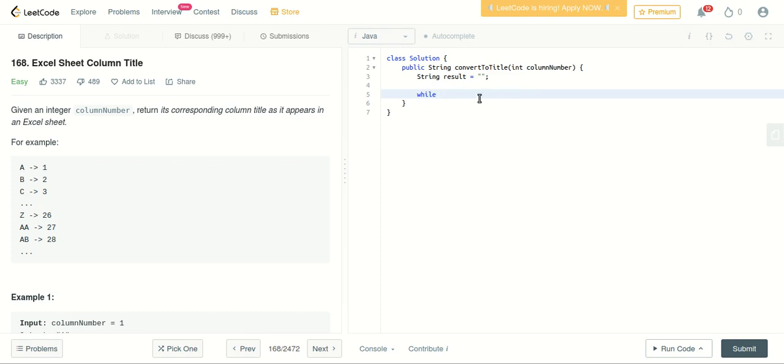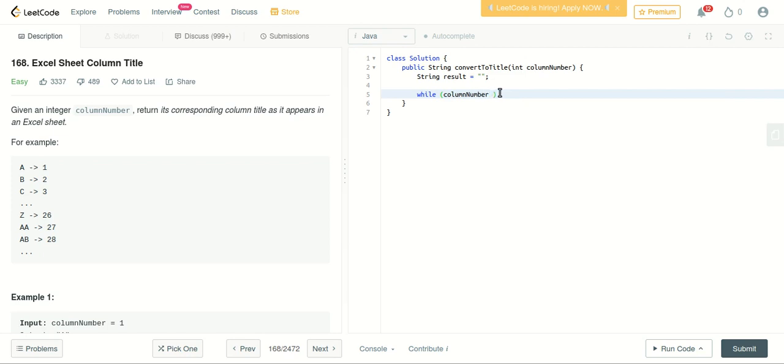Maybe we can just manipulate the column number directly, because there is no impact if we manipulate it at other places.